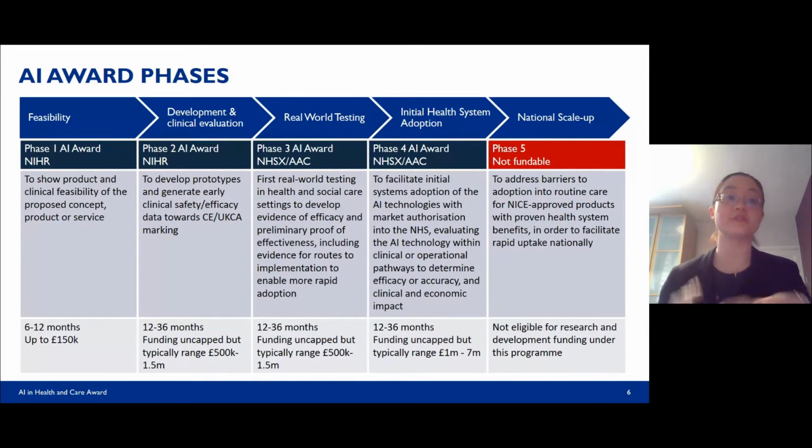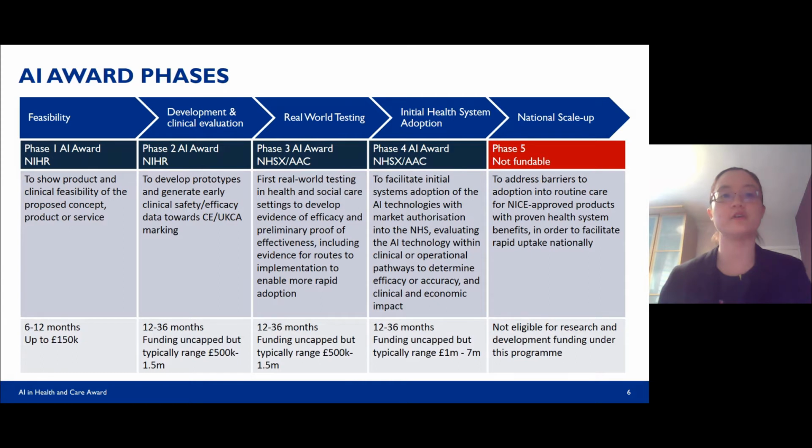In terms of the structure of the award, it's spread across 4 phases based on the maturity of the AI technology. The first phase is about establishing the feasibility and proof of concept around the AI algorithm. The second phase is about validating that proof of concept and developing the evidence necessary for regulatory approval for the product.